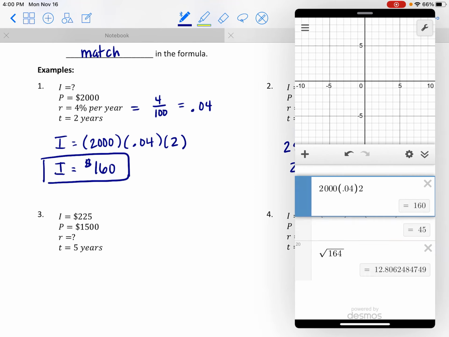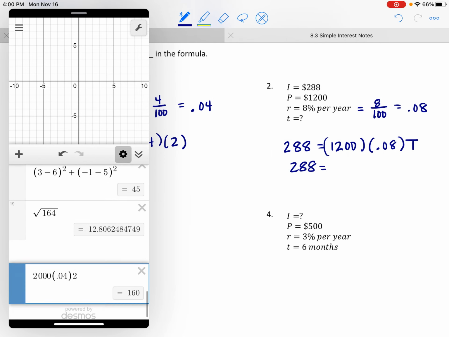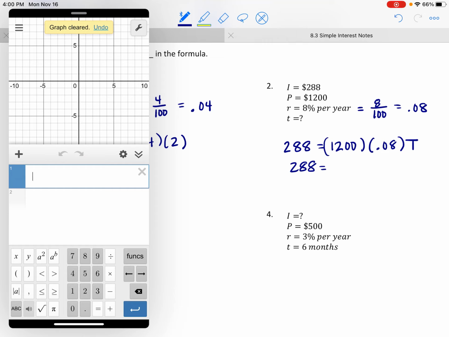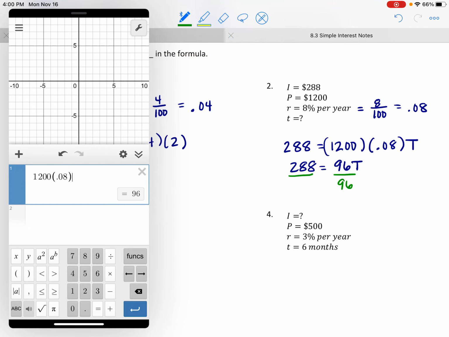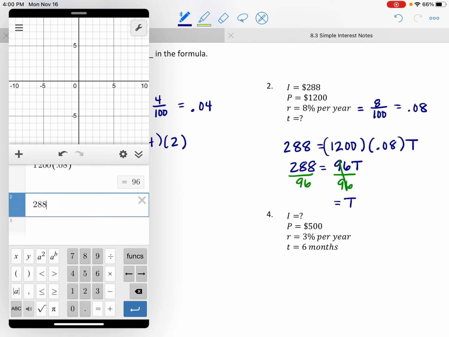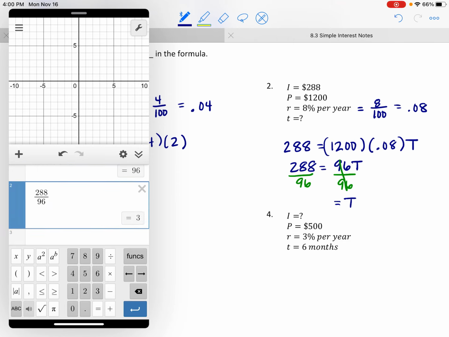So first, let's multiply the 1,200 and the 0.08, that's going to give us 96. So we have 288 equal to 96t, and now we know how to solve this. If t is being multiplied by 96, then we're going to divide both sides by 96, and now we can see that t has to equal, let's take our 288 divided by 96, and that's 3.